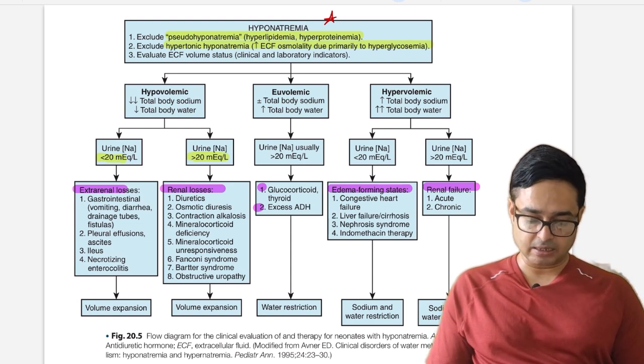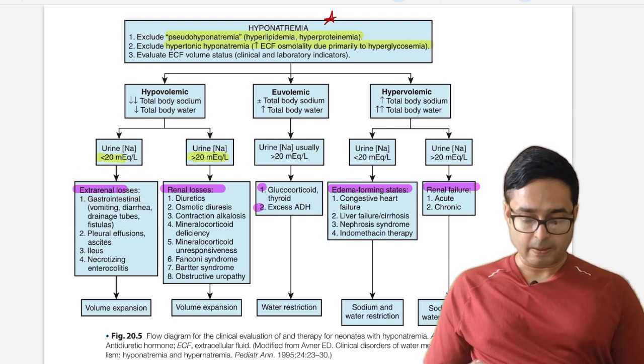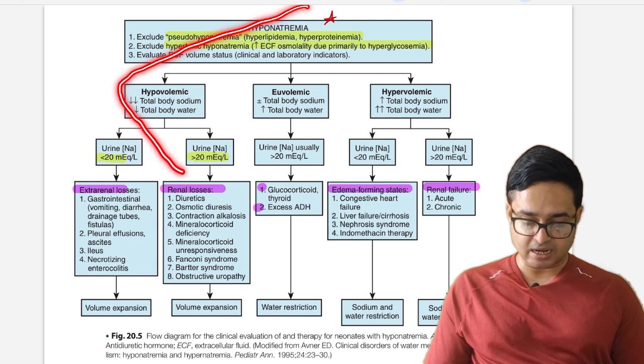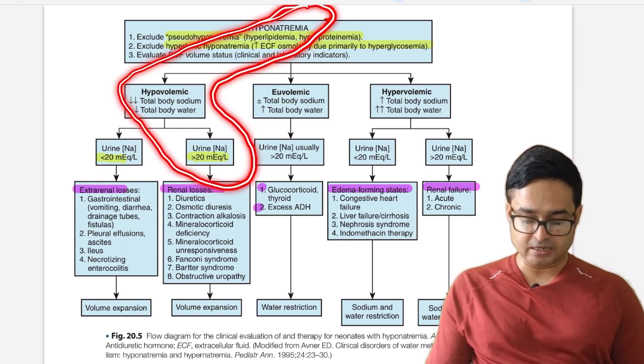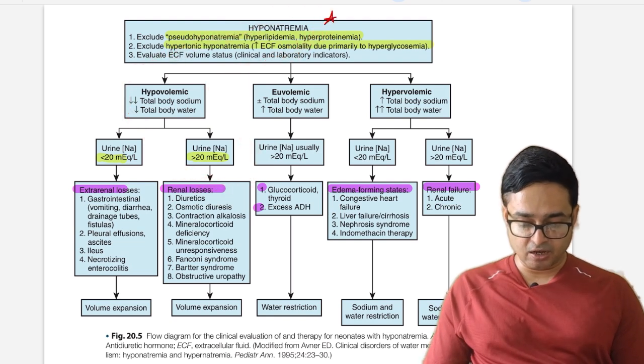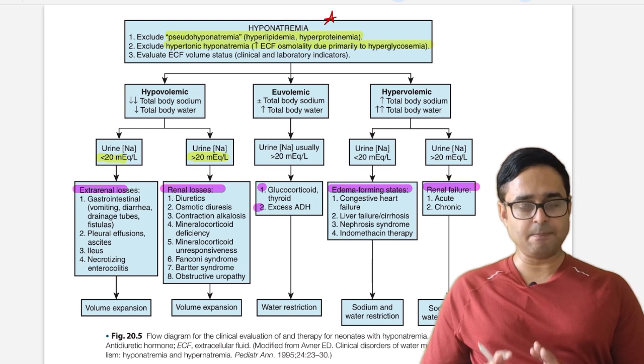Just remember till here extra renal losses, other you can figure out. But hyponatremia is there, hypovolemia is there, and urine sodium is more than 20 milliequivalent per liter. This particular combination is suggestive of renal losses of sodium, that is diuretics, osmotic diuresis, Fanconi, Bartter, anything which is related to kidney. Simplified thing.